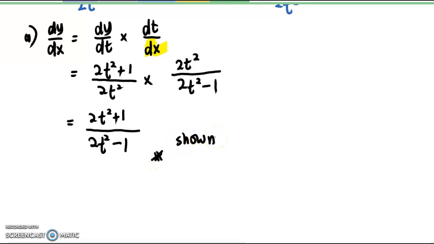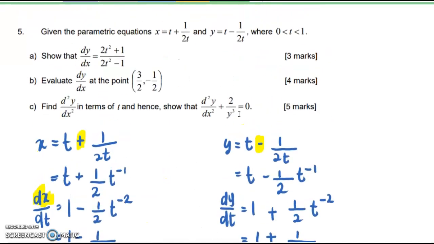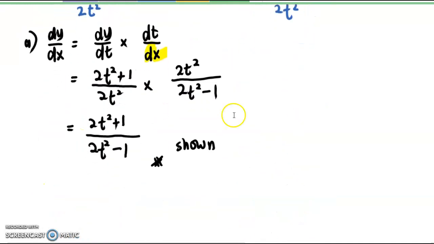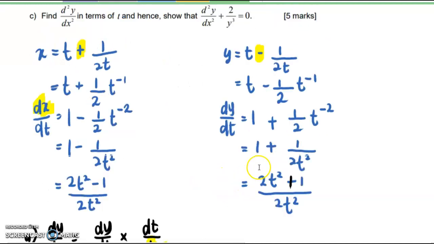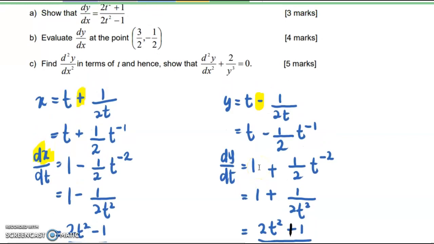Okay, question B. Evaluate the value of dy/dx at the point 3 over 2, negative 1 over 2. So, dy over dx when x equals 3 over 2 and y equals negative 1 over 2.